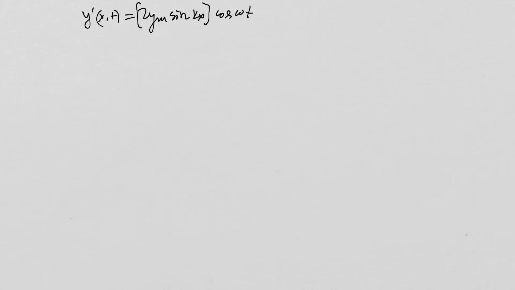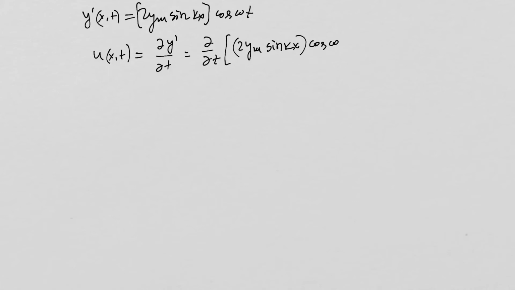So to find the transverse velocity, remember that for a standing wave, the resultant wave is described with this waveform equation. And so I must take the partial time derivative of this expression to find the transverse velocity. So the transverse velocity as a function of position and time is equal to dy prime dt, which is d dt of twice ym sine of kx times cosine of omega t.